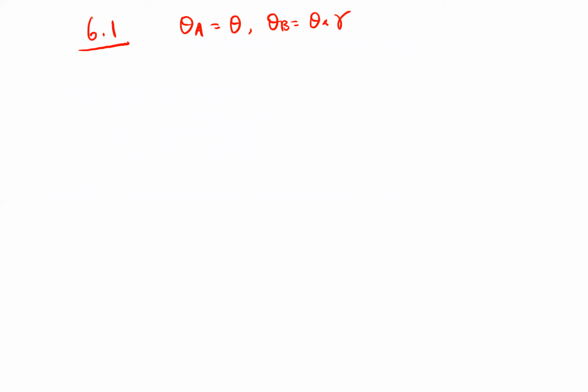And in this parameterization, gamma represents the relative rate of theta b over theta a. Okay, so these are the priors.